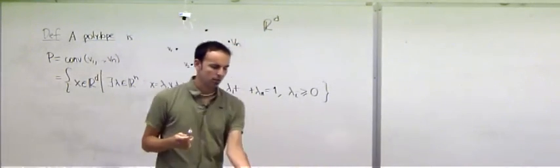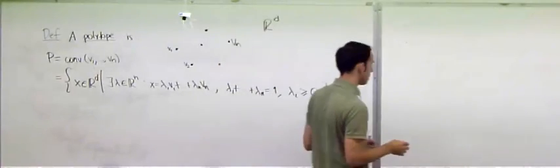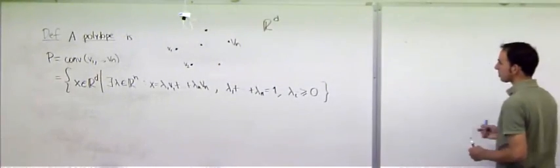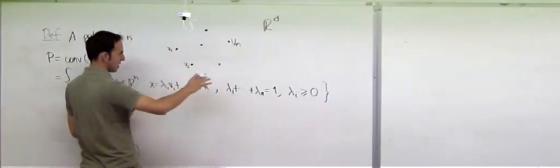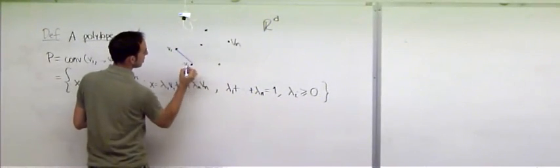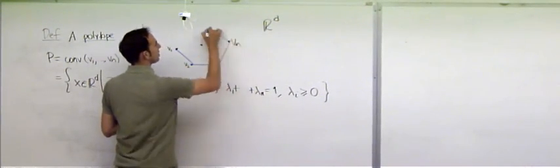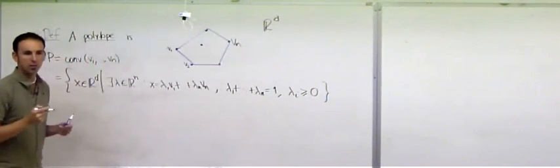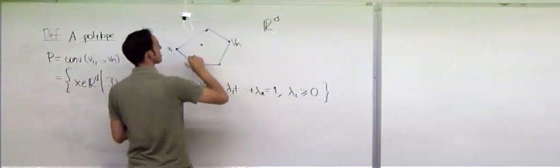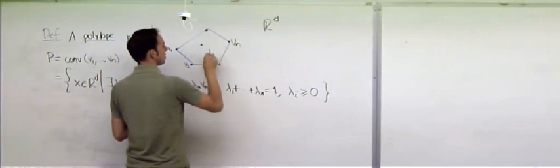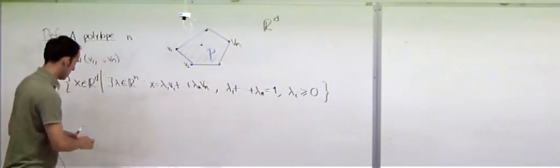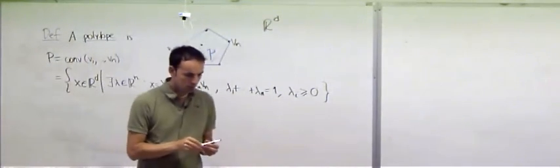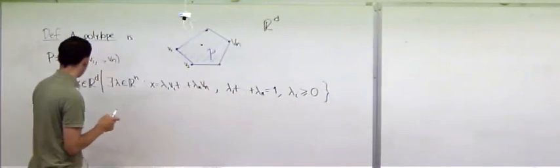And somehow I need to justify to you that this set that I wrote here is really what we think of as the convex hull of these guys, which is this polygon right here. So this is P. So that's what I want to begin by doing.